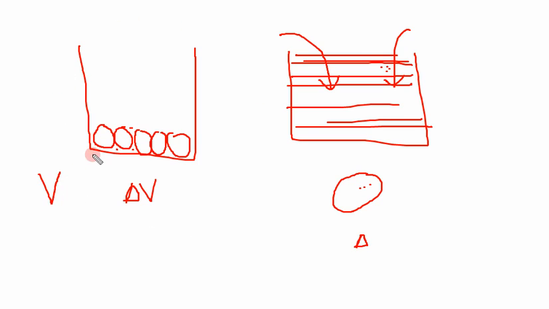So the volume of this container is V, and the volume of a single ball is delta V. So we take the summation over all the balls, we count the balls, and we get the volume of the container. But this will give us error.